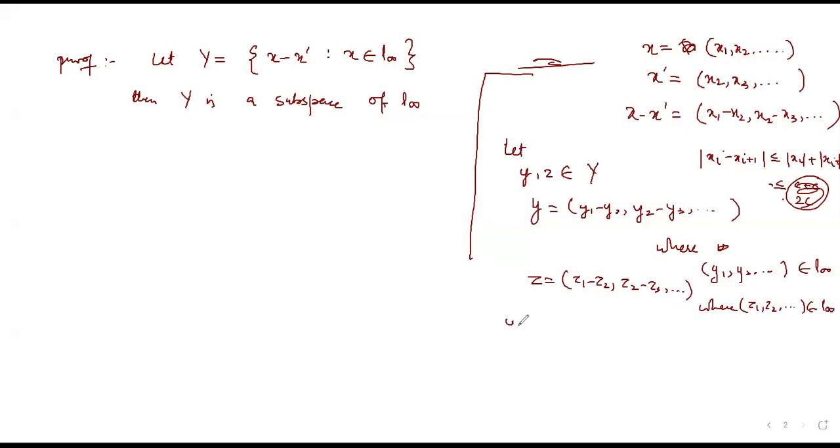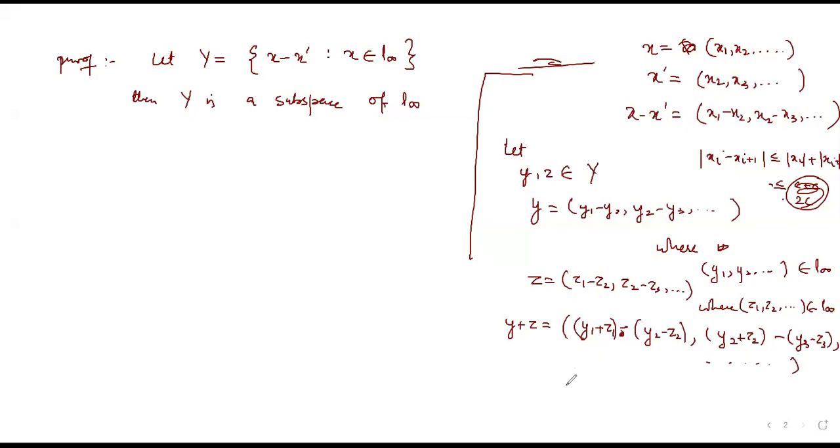Now consider y plus z, वो होगा y1 plus z1 minus y2 minus z2, ये इसका पहली term, then y2 plus z2 minus y3 minus z3, so on and so forth, इस type की sequence.